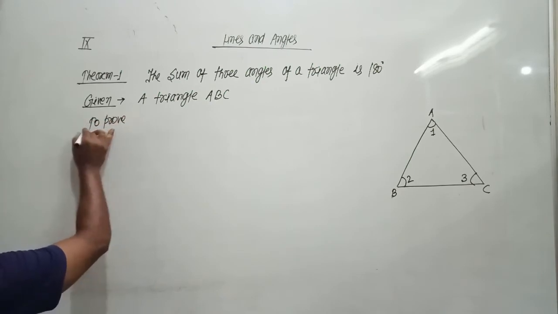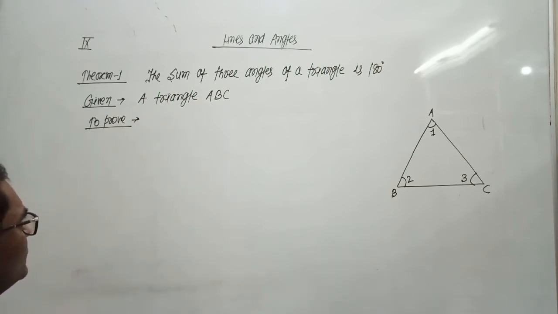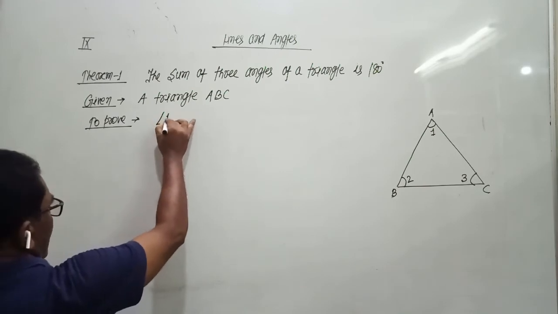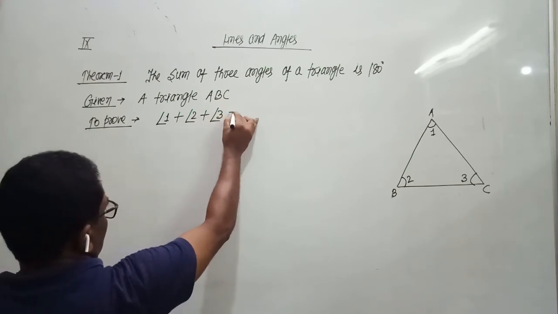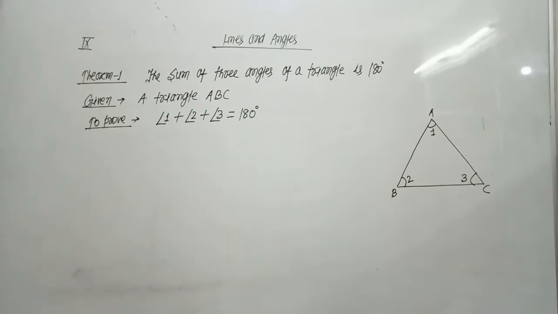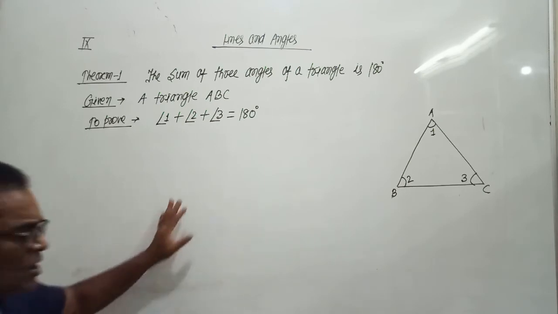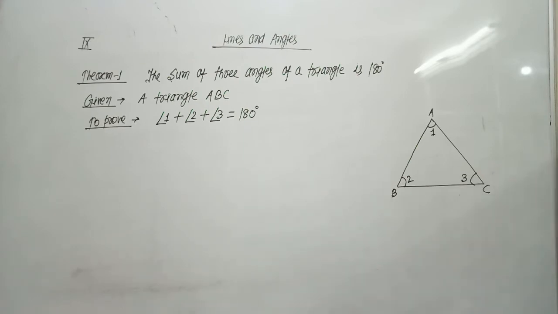We have to prove that the sum of the angles is 180, meaning angle 1 plus angle 2 plus angle 3 equals 180. Then, if any construction is required, we do the construction.